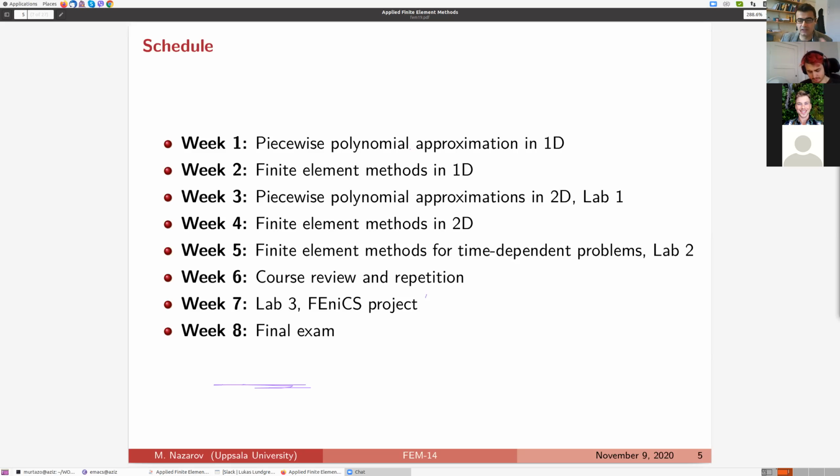So for 2D and 3D finite elements, the formulation does not change. It is exactly the same. The only difference is the mesh. Of course, in 2D we are using triangles. In 3D, we're going to use tetrahedrons, which is a little bit different.